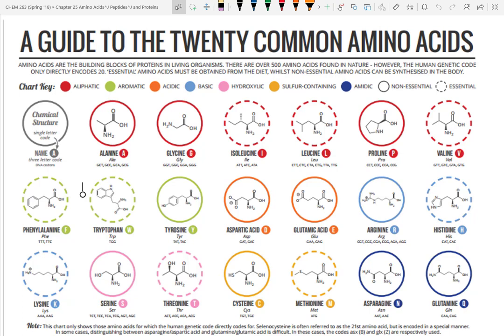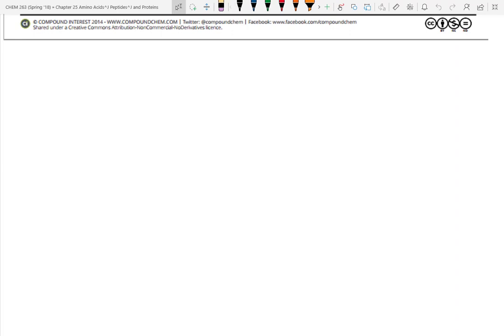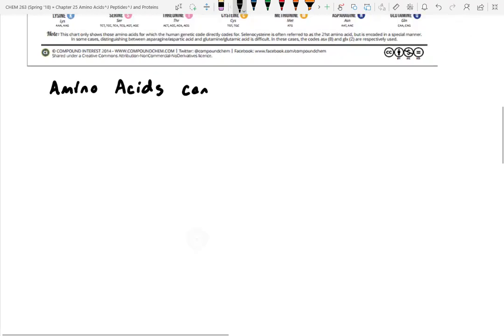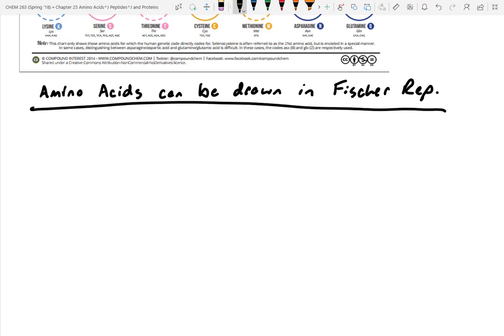All right, amino acids can actually be drawn using a Fisher representation, so I'll show you that. Let me zoom out. So in Fisher rep. All right, so I'll show you a common example of how to draw an amino acid.